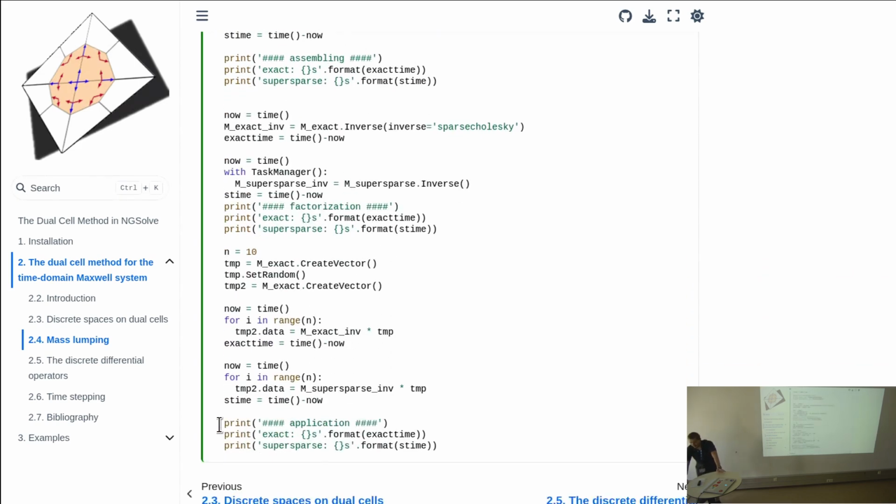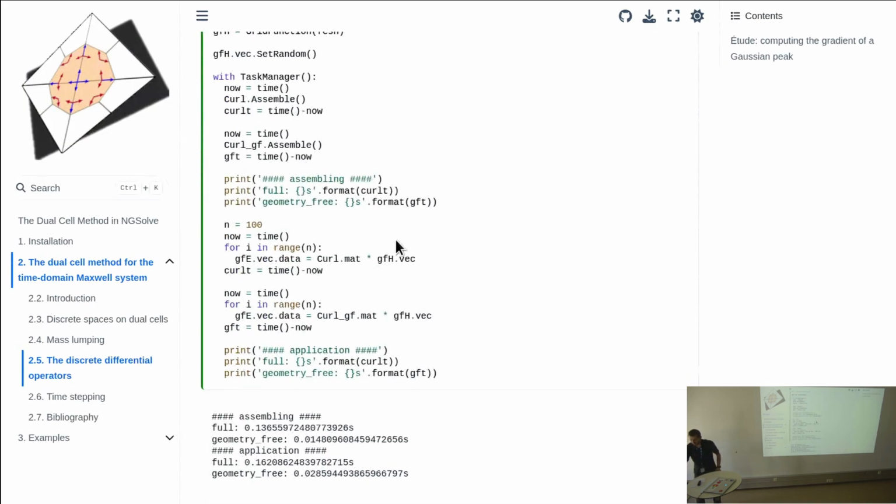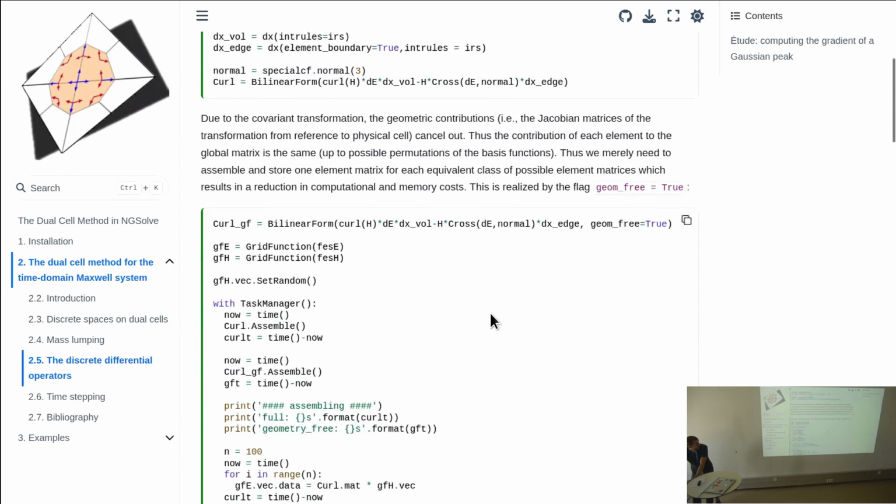Okay, now we have the mass matrices. What's missing are the discrete differential operators. And here I have some outputs, which is nice. So for the discrete differential operators, we need the volume term, and we also need these edge integrals. And here we also use a nice trick, which is borrowed from DG methods. Since we have the covariant transformation of the curl basis function, the curl of these basis functions is kind of a Piola transform, and this cancels out.